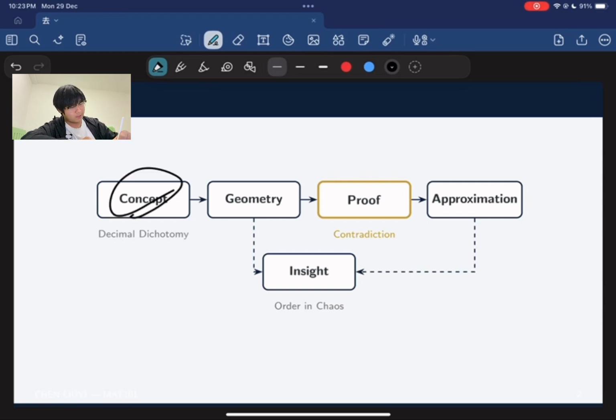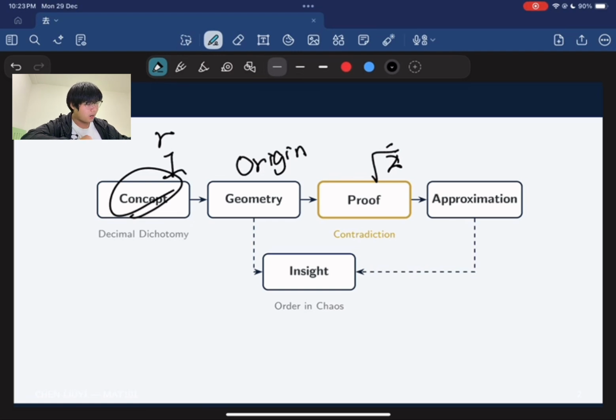The first one is concept. We will define the difference between rational numbers and irrational numbers. Second, geometry. We will explore the fixed origin of these numbers. Third, I will mathematically prove why the square root of 2 is not a fraction.